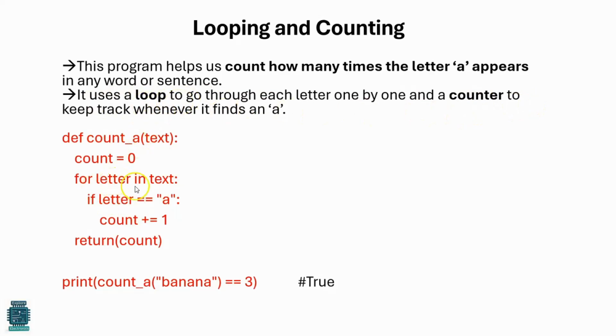Loop means it will go and check each letter in the text, and counter means it will keep track whenever it finds A. If the count is correct, that we got 3 A's in banana, it will return true. Very easy, right? Counting how many times A appeared in any word or sentence, we can easily find out by using a loop and a counter.